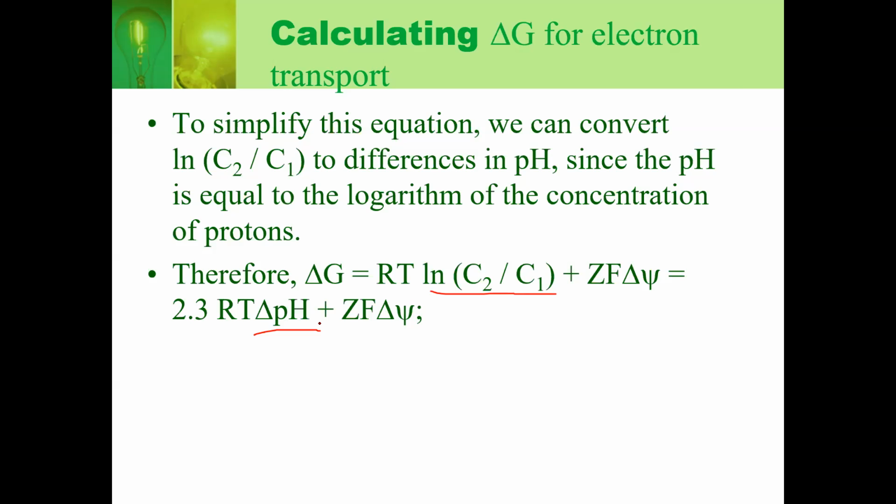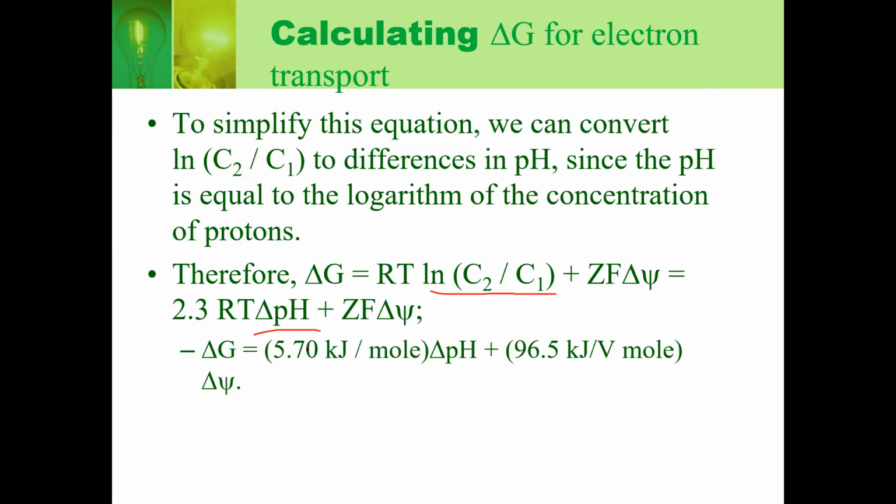Now we have something a bit simpler to deal with, because we've turned that into log base 10 instead of log base e. That's why we have to do the 2.3. And we have 5.7 kilojoules per mole times delta pH, plus this number here, because Faraday's constant is a constant, times delta C.